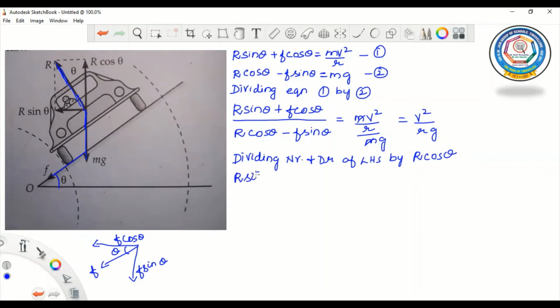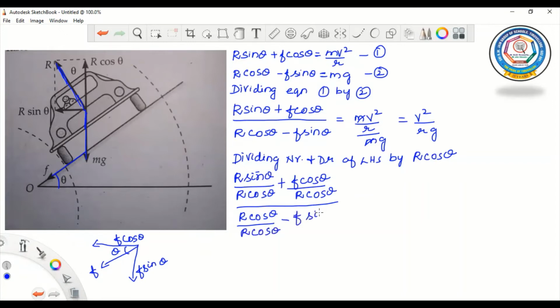R sin theta divided by R cos theta plus F cos theta divided by R cos theta, over R cos theta divided by R cos theta minus F sin theta divided by R cos theta, is equal to v square by rg.